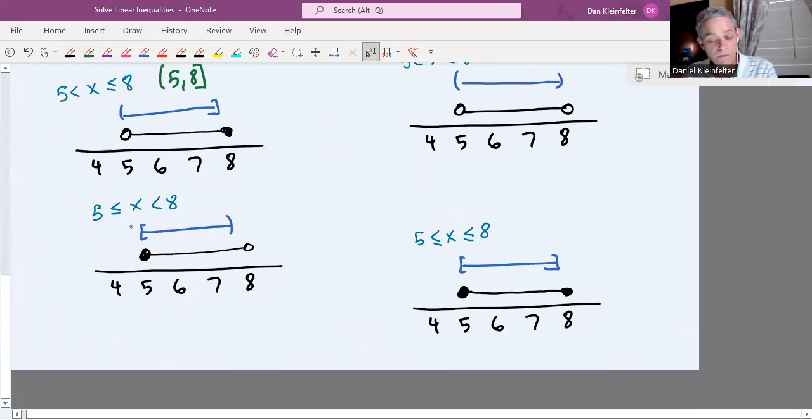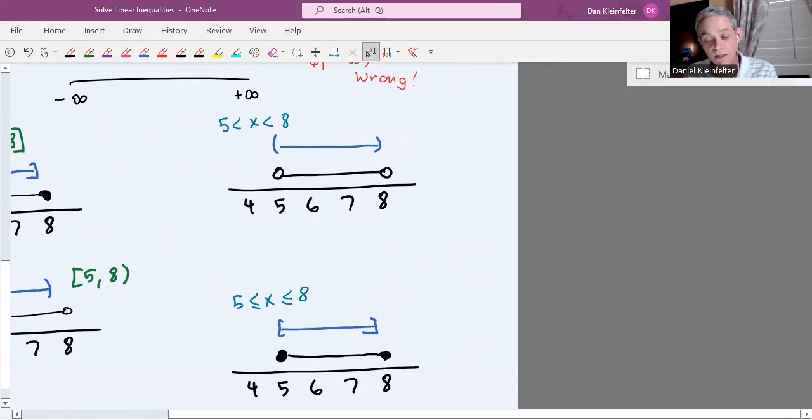Down below, we have 5 comma 8, square bracket on the left, parenthesis on the right. The 5 is included, but the 8 isn't. Up top on the right, we'll have 5 comma 8 inside of parentheses. Down below, we'll have 5 comma 8 inside of square brackets because both the 5 and the 8 are included.